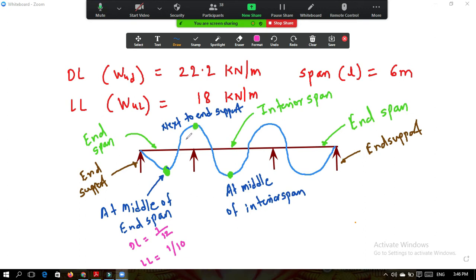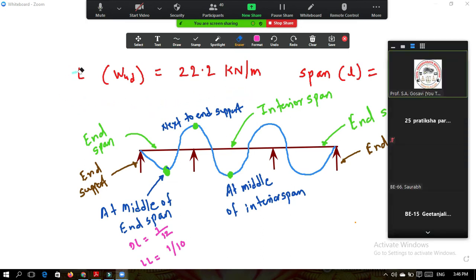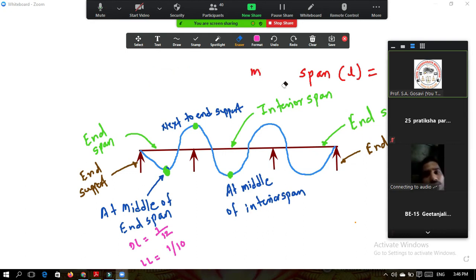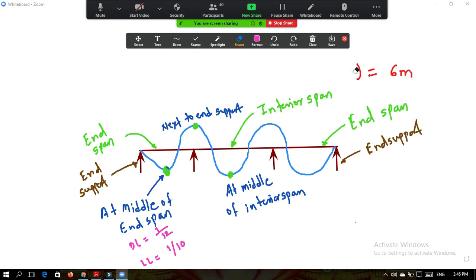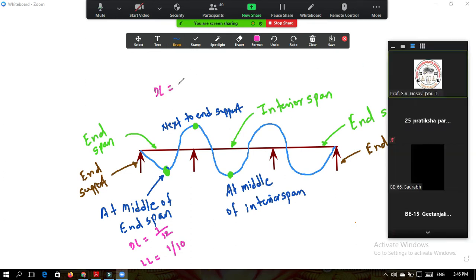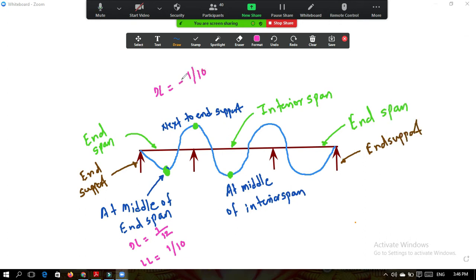If you go at that point, then the dead load coefficient is minus 1 by 10. Here the dead load coefficient is minus 1 by 10, and the live load coefficient is minus 1 by 9.